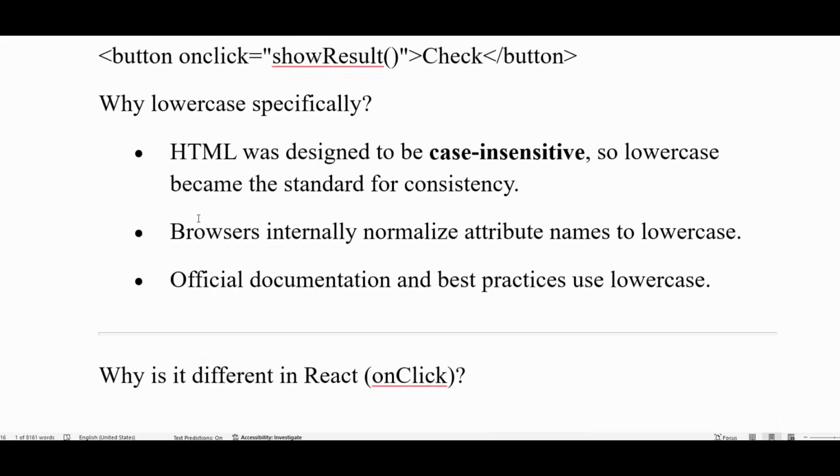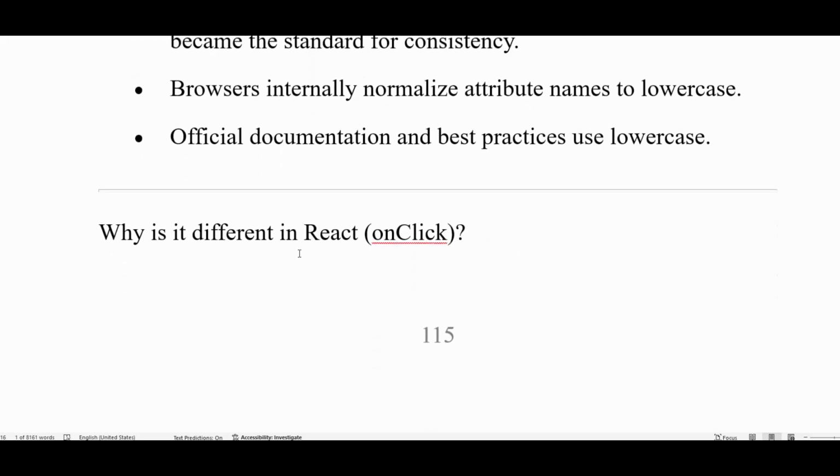Why lowercase specifically? HTML was designed to be case insensitive, so lowercase becomes the standard for consistency. All attributes are small case, and also onclick. Browsers internally normalize attribute names to lowercase. Official documentation and best practices use lowercase.